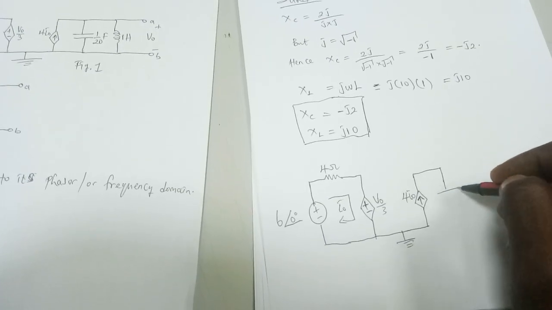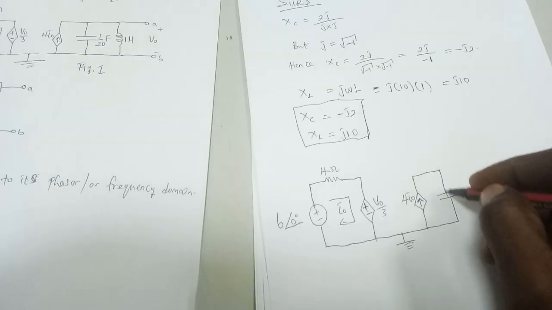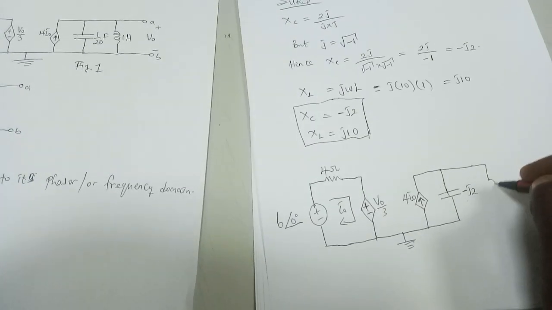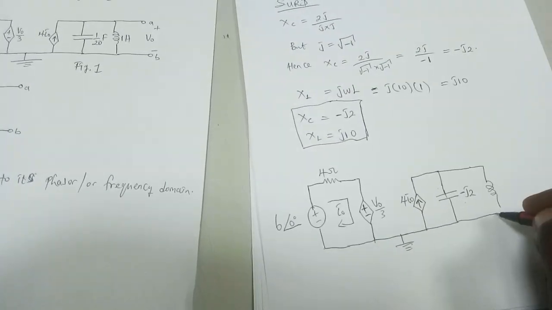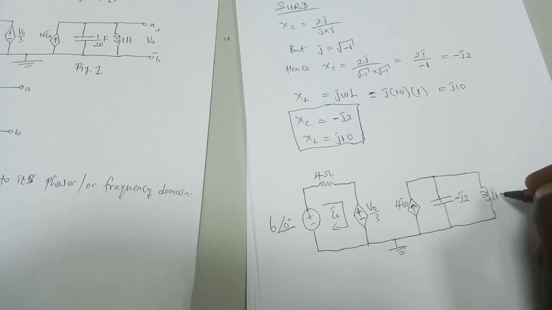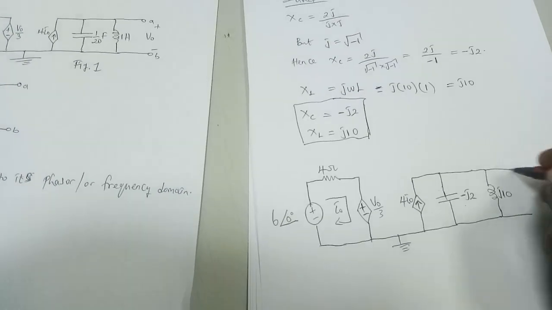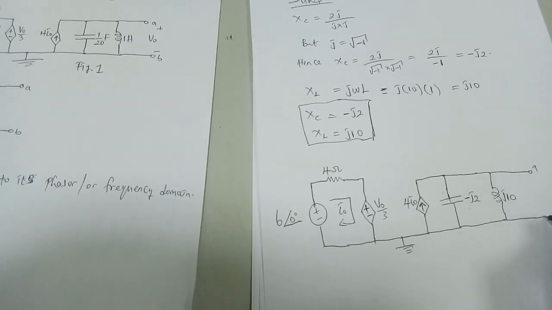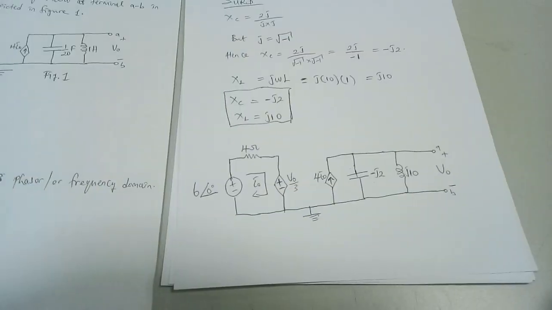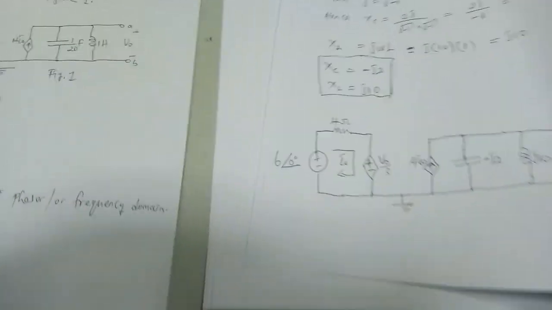Next, you have the capacitive reactance -j2, and the inductive reactance j10, and your terminal A, B, V0, positive, negative. So this is a circuit which we are going to analyze meticulously.